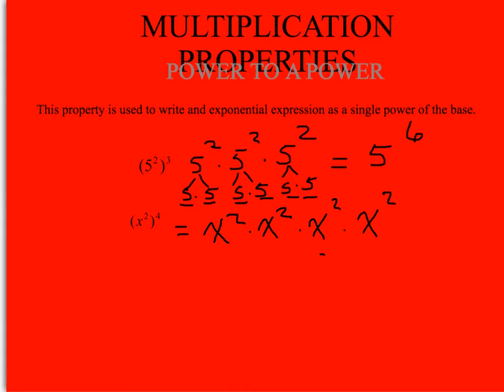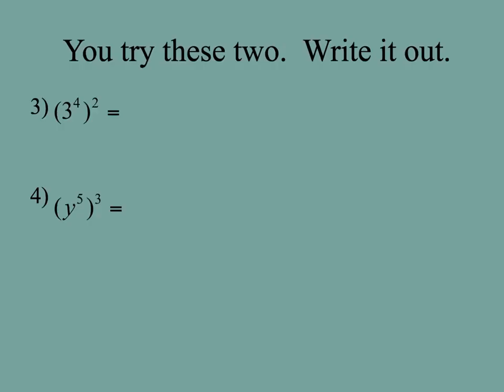Then you can break each of these down into an x times x, which altogether will be x, and there are 8 of the x's altogether, so it's x to the 8th power. Now, make sure you write these two out, but I want you to try exactly the same thing as we just got done doing and see if you can get the right answer.